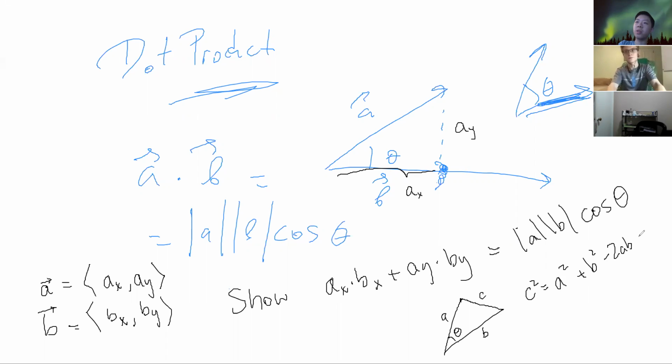I'm sorry this is tilted, by the way, but C squared equals A squared plus B squared minus 2AB cosine of theta. So the first step of the derivation is going to use the law of cosines. So yeah, it's going to be an extra problem on the P set.